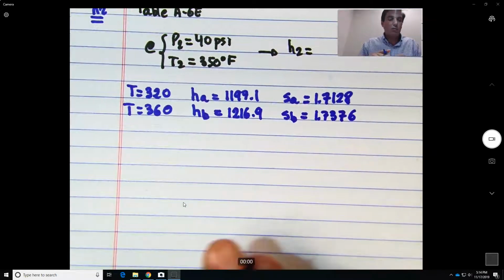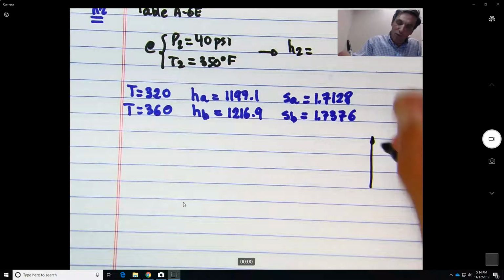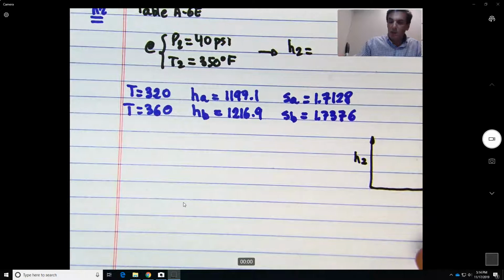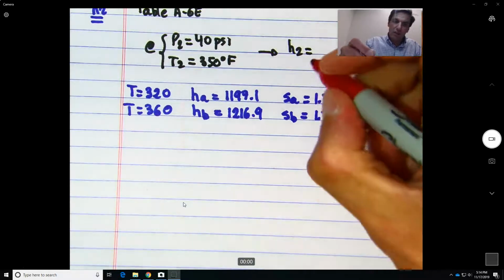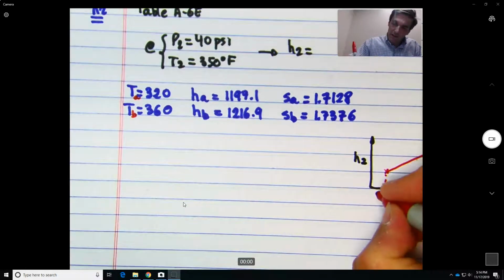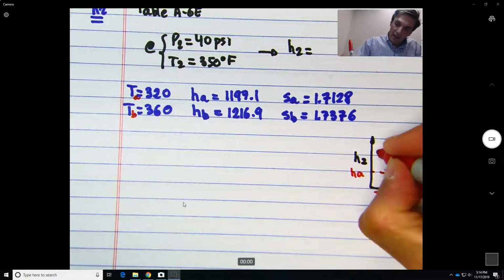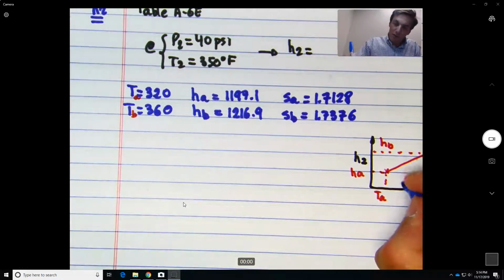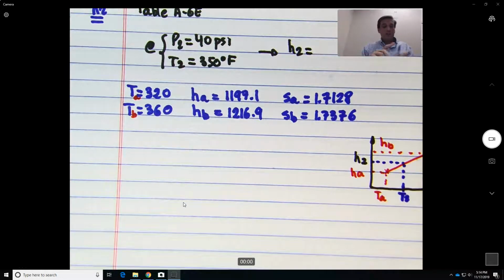So we see that we need to interpolate for H2. So the first interpolation, if you want to do a little sketch over here, we need to find H2, and we know the temperatures. So we are going higher. So this is TA, TB, HA, HB, and we're trying to find the value at T2, which is the 350, so we need to find H2.